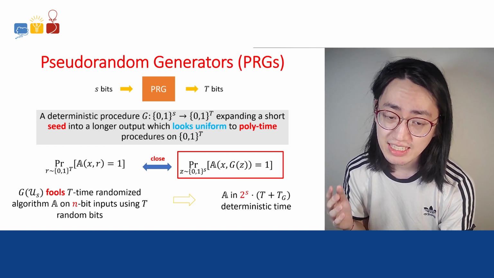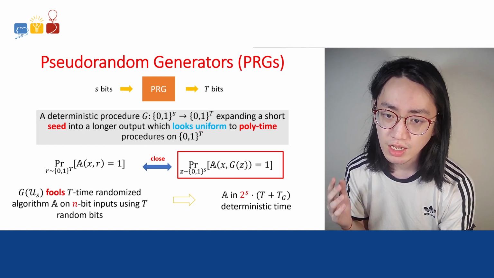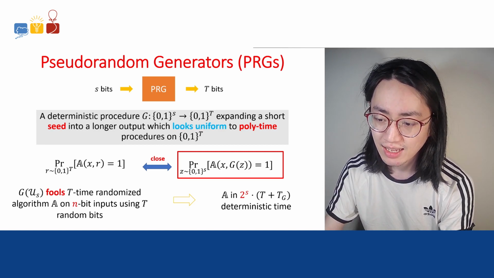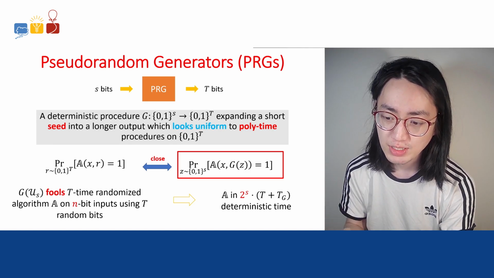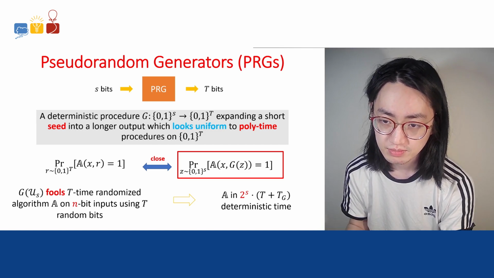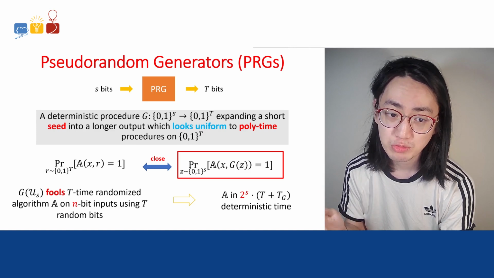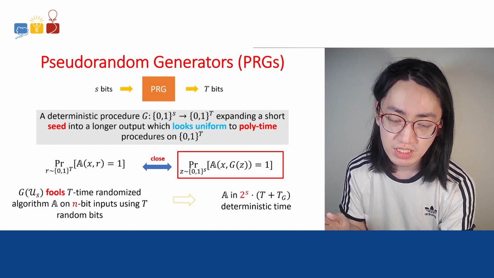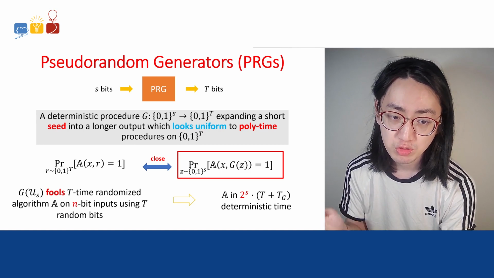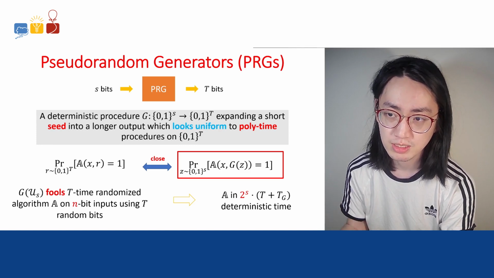Because the estimation in the red box is close to the actual probability over the uniform distribution, this gives us a deterministic algorithm for simulating A in 2 to the s times T plus T sub G time. So 2 to the s is required to enumerate all possible outputs for G because there are s bits of input to G, so that's a total of 2 to the s possibilities for input to G.